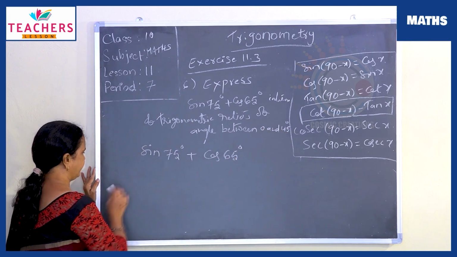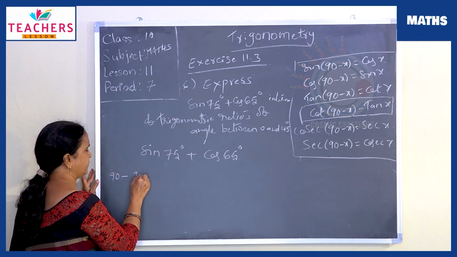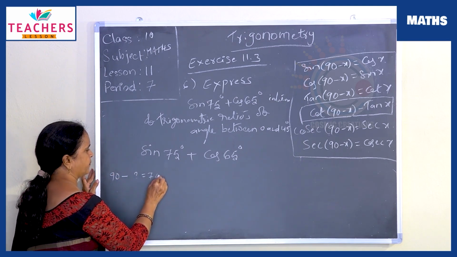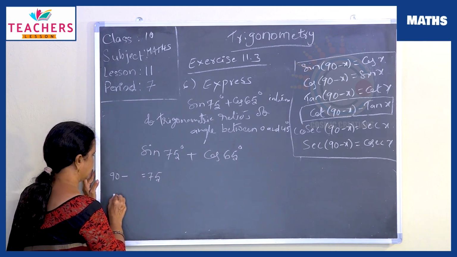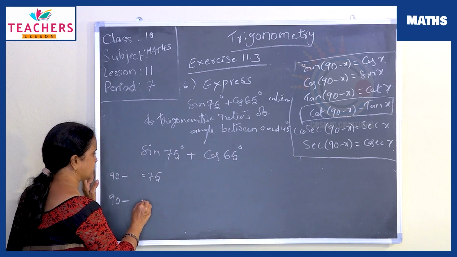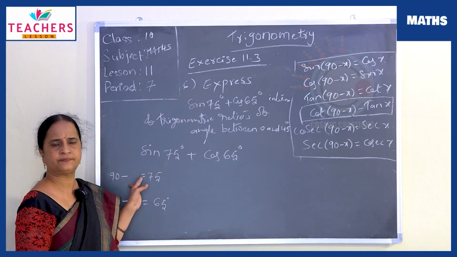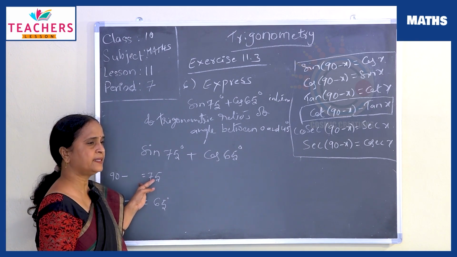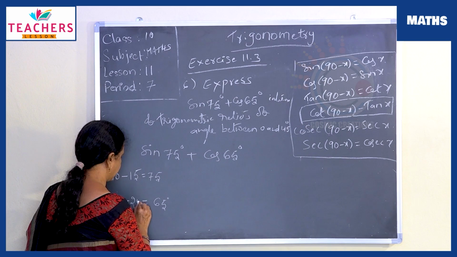You know, 75: 90 minus something is equal to 75. How much would it be? And 90 minus something is equal to 65. Can you say? 90 minus how much? 15. And for the other, 25.